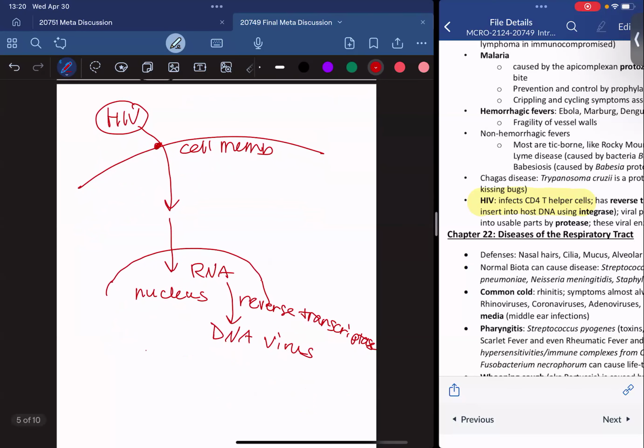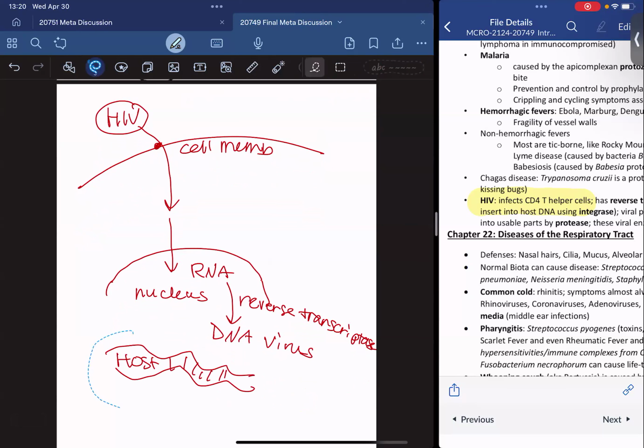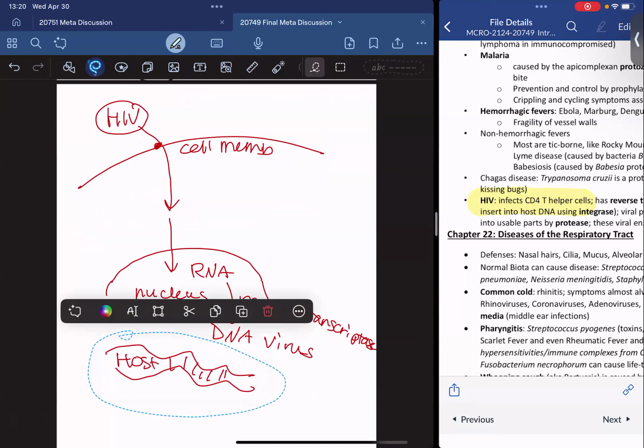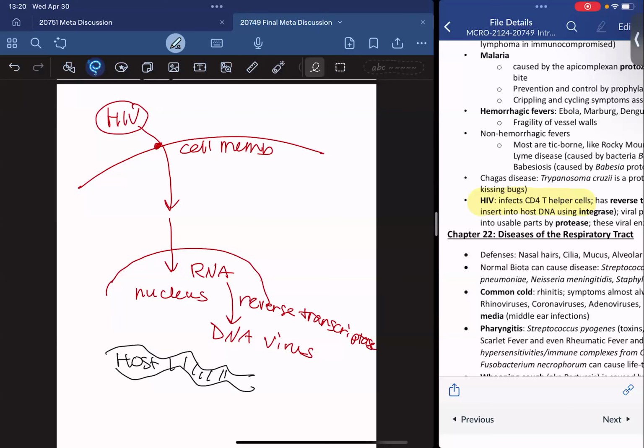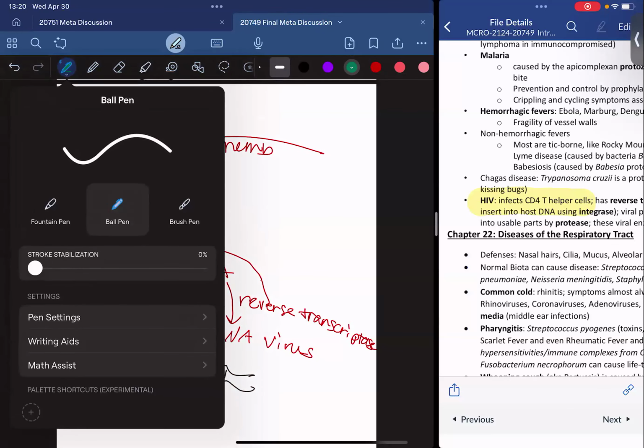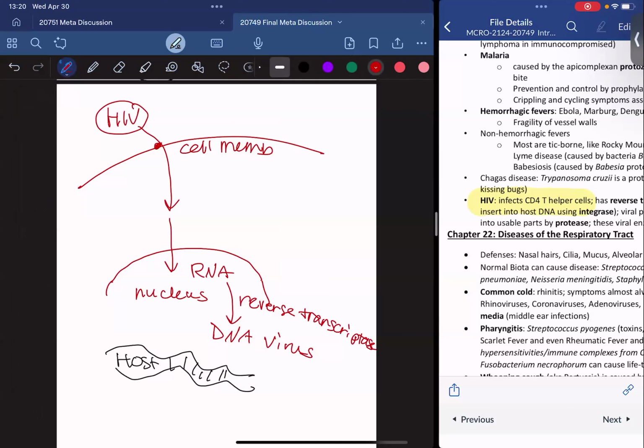And so now we've got a DNA version, and we've got the host DNA. And then we will insert the viral DNA. I'll insert the viral DNA in here.